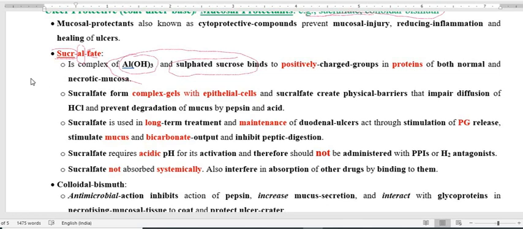Regarding its mechanism of action, sucralfate in an acidic environment is going to form a gel. How does it form the gel?